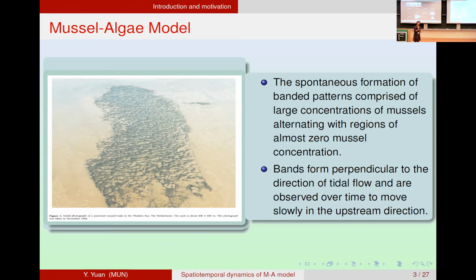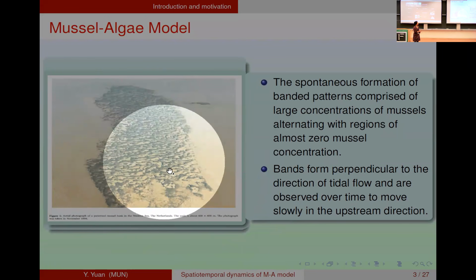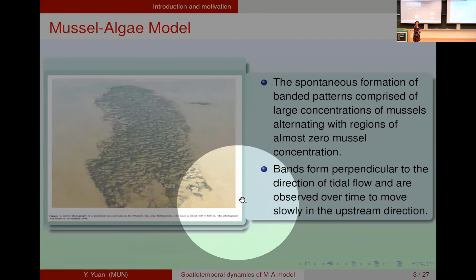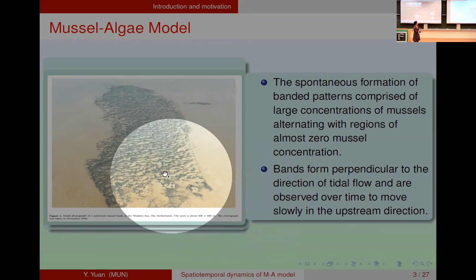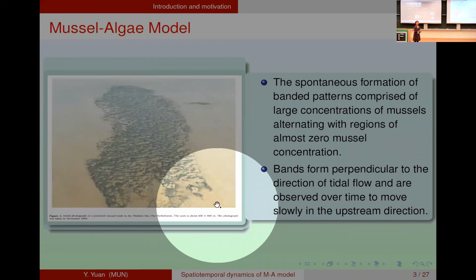From this image, we can see the bands form perpendicular to the direction of the tidal flow, and they are also slowly moving in the upstream direction. So it's an interesting pattern, right?